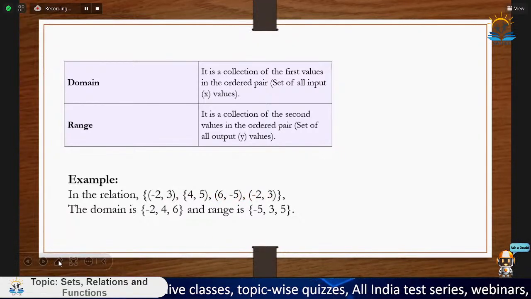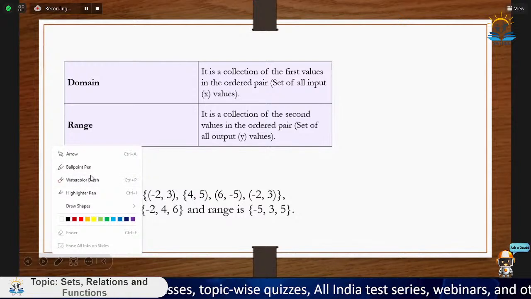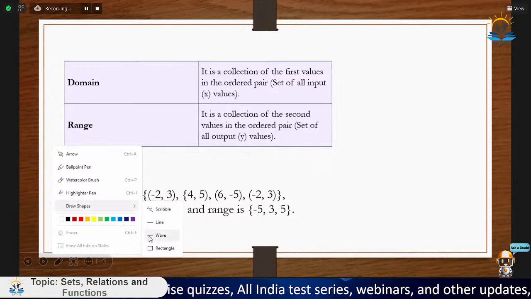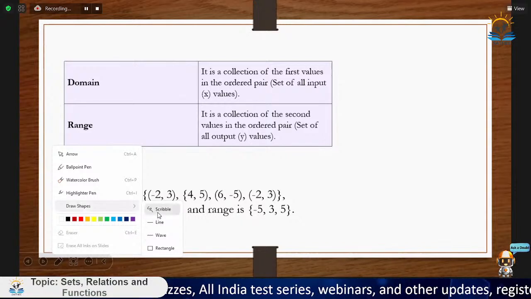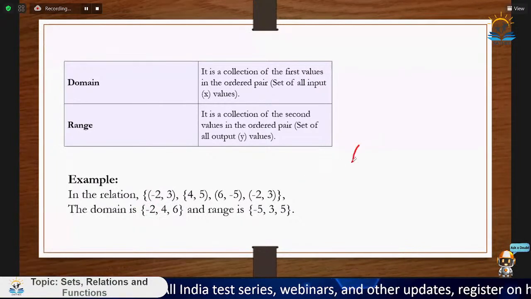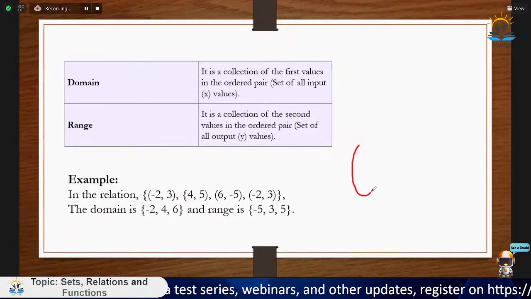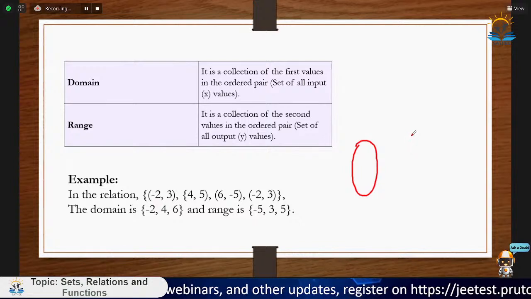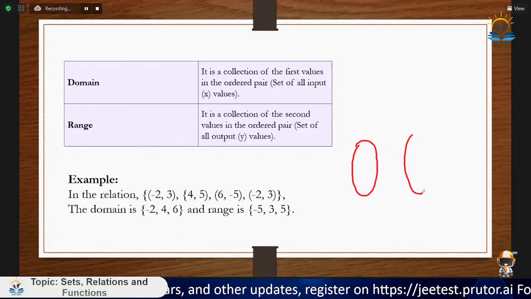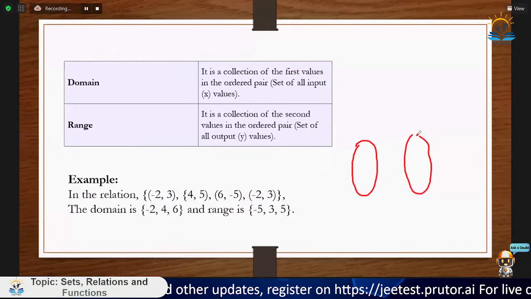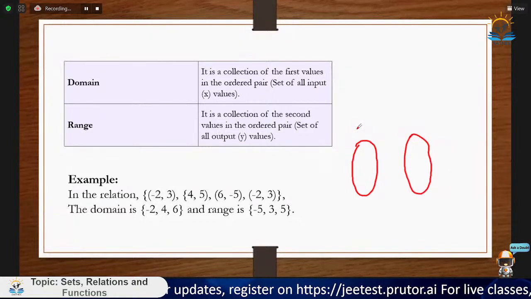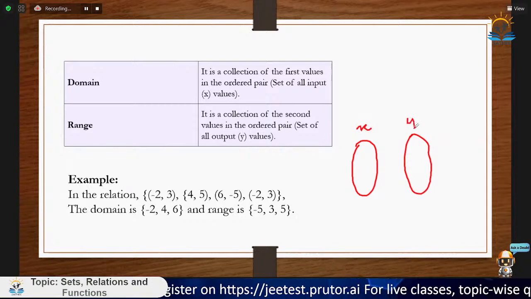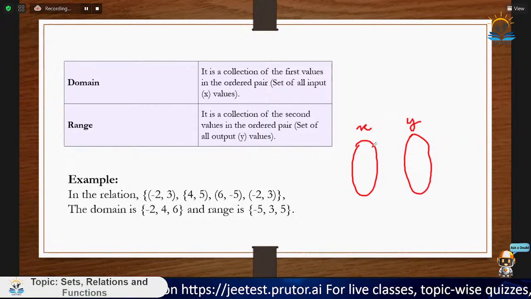Let me draw it if I can. Okay, so let's say this is my one block and this is my second block. So this block will contain all the values of x and this block will contain all the values of y. Okay, so basically what is x?